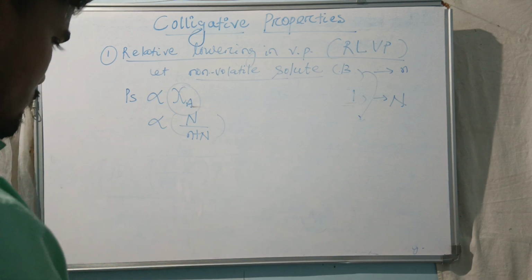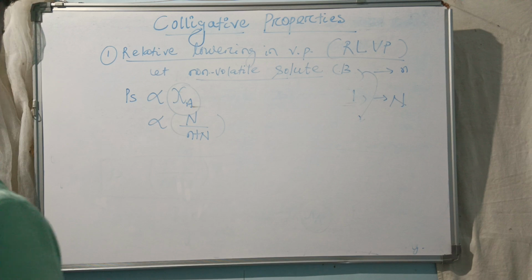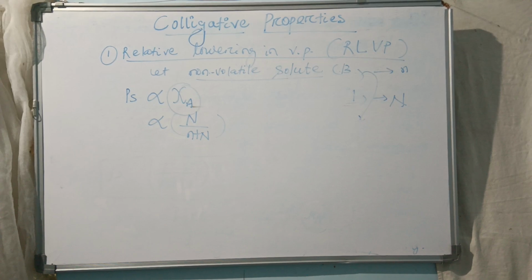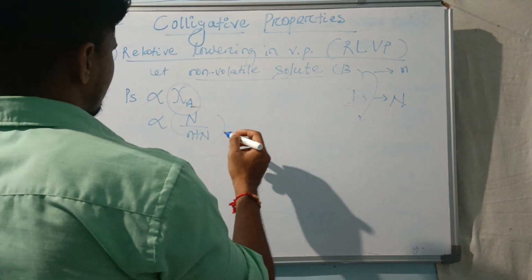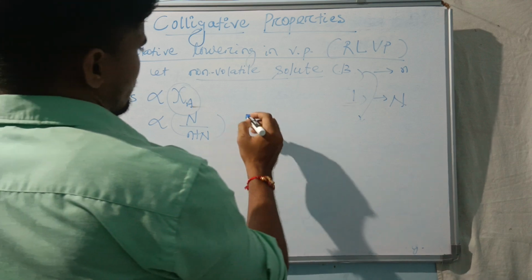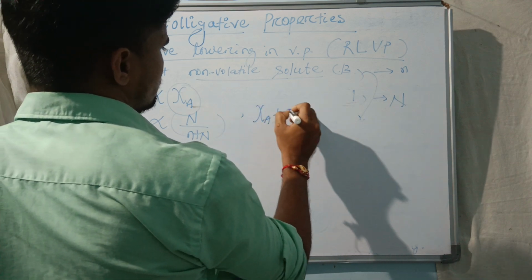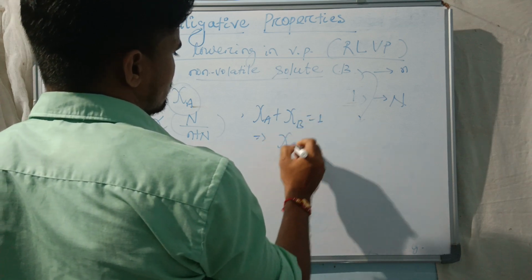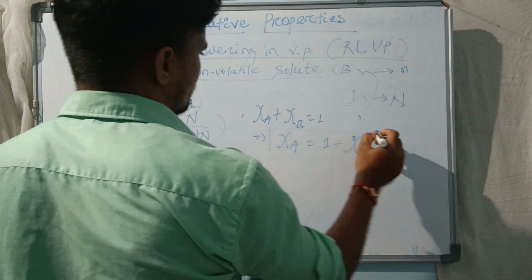Okay, so now we can write that the mole fractions of both components add up to 1, which implies chi A is equal to 1 minus chi B, right?